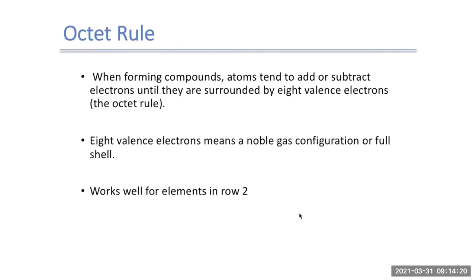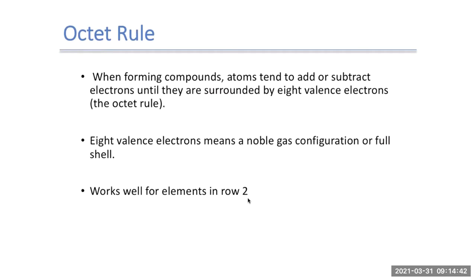Looking in a little more detail at this octet rule. When we're forming compounds, they're going to add or subtract electrons to get to the 8 valence. That's our octet rule. 8 valence electrons means we have our noble gas configuration, or we filled up a complete shell. Now this works really well for row 2.